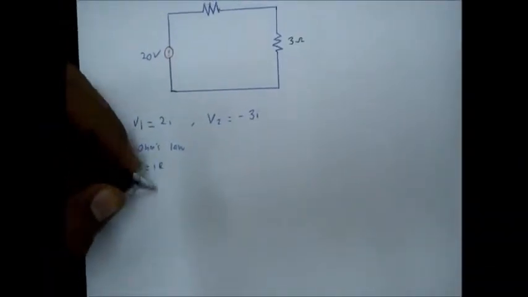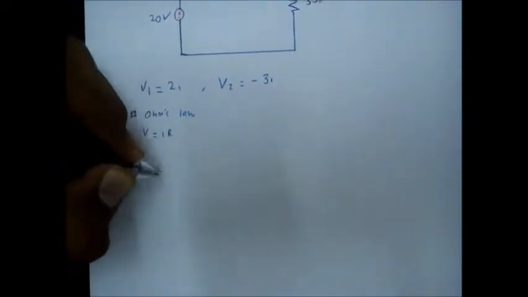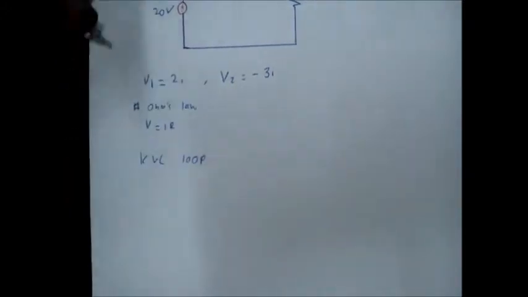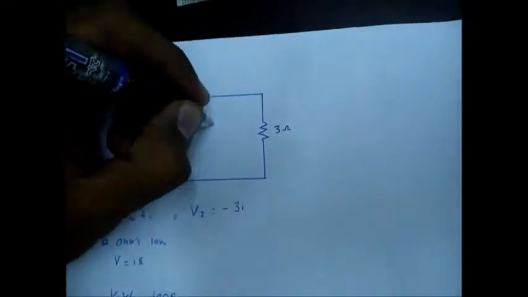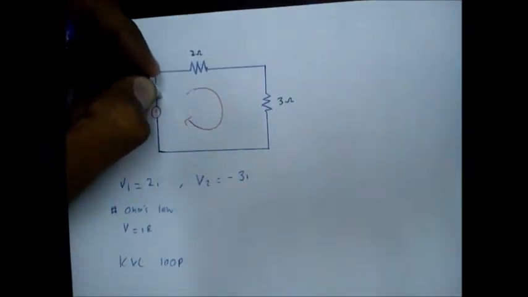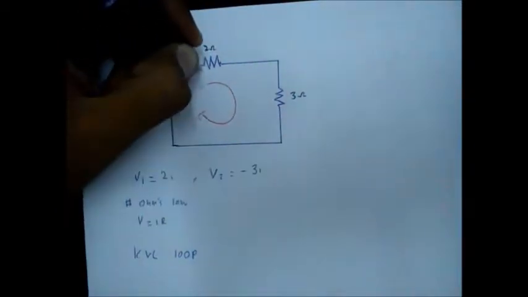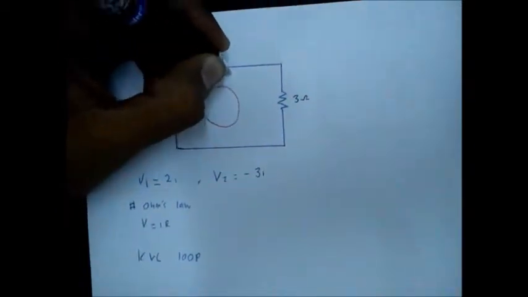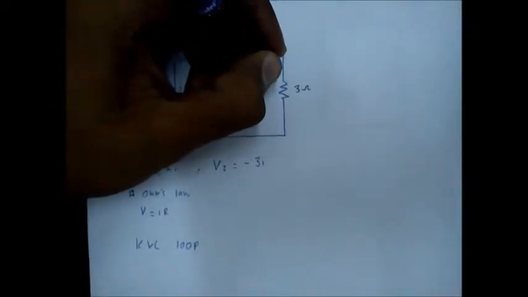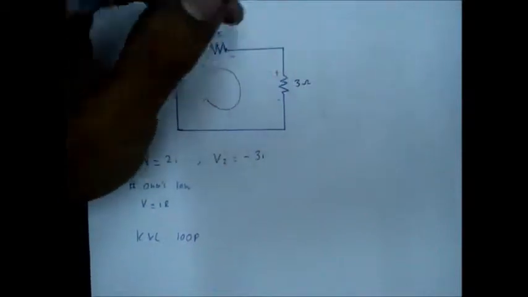Okay, we know that by applying KVL to the loop given, the polarities are positive, negative, positive, negative, and positive, negative.